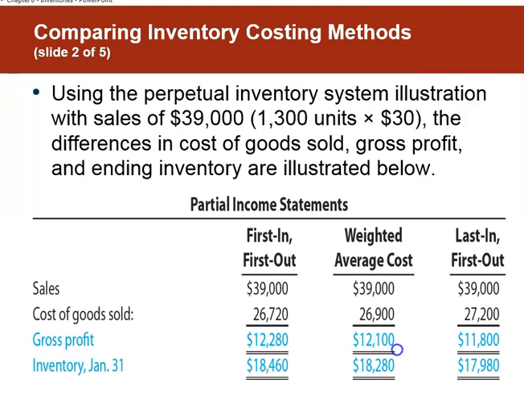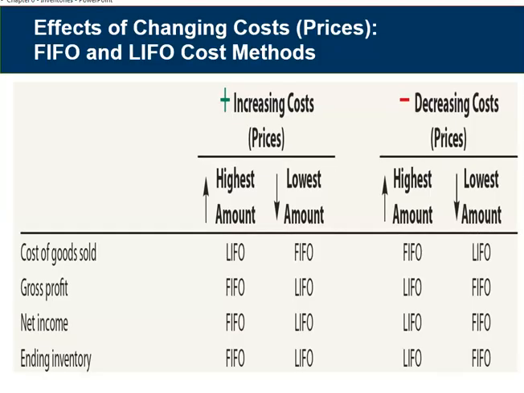Okay, well, if our cost of goods sold is lowest under FIFO, ending inventory will be the highest under FIFO and lowest under LIFO. Again, one more time with weighted average coming in right in the middle.